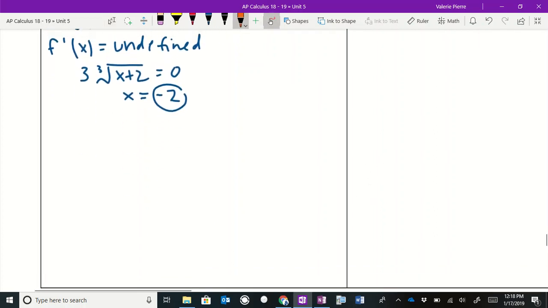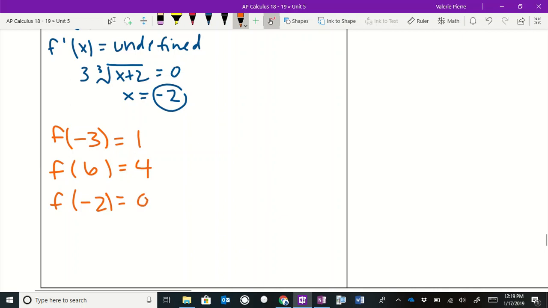So we need to find f of our endpoints, which are -3 and 6, and f of our critical point, which is just -2. Okay, so f of -3 is 1, f of 6 is 4, and f of -2 is 0.